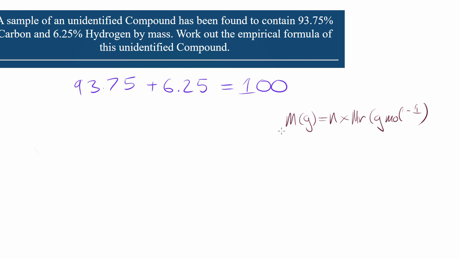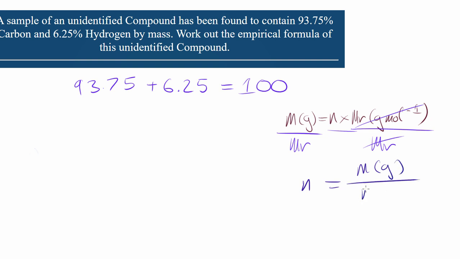We're going to divide both sides by the molar mass, the Mr. Effectively, on this side, this would cancel, and you're left with, if I make moles the subject, that the moles is equal to the mass in grams divided by the molar mass, in grams per mole.